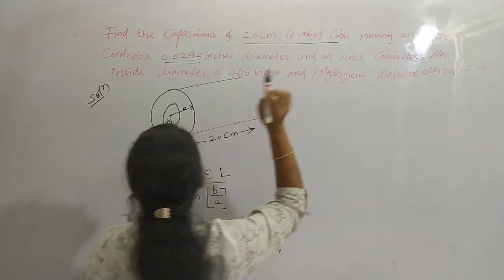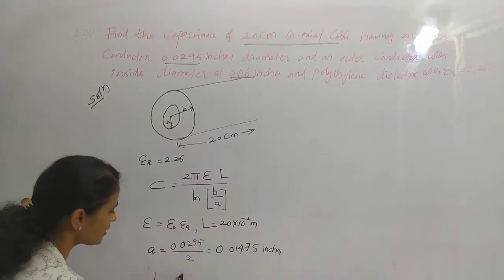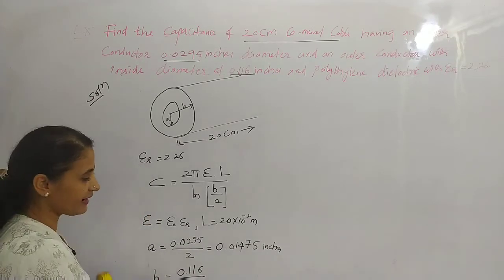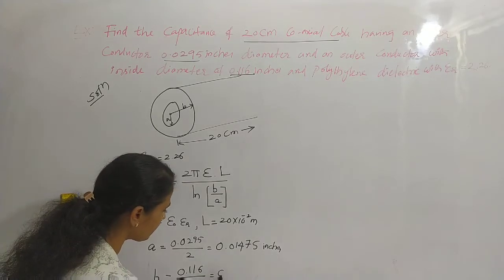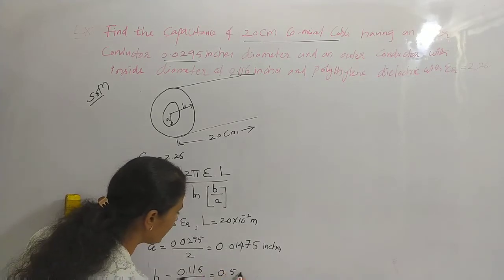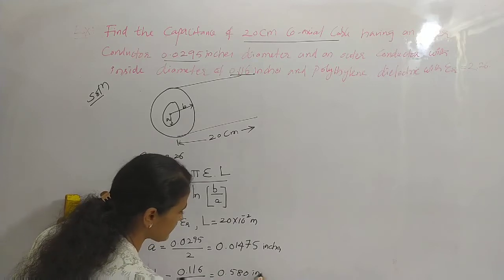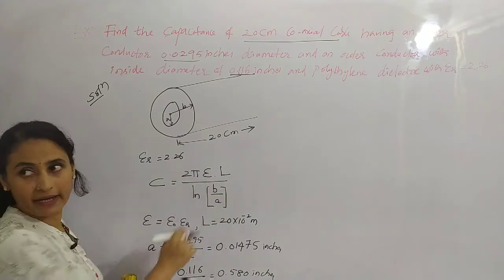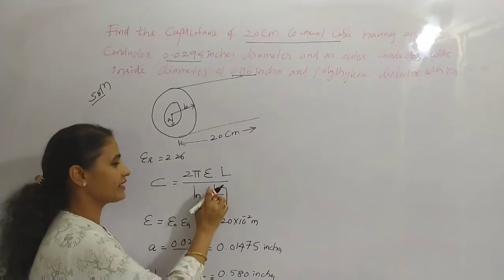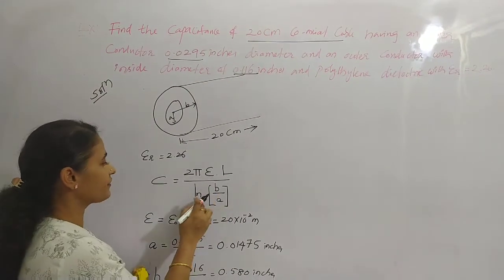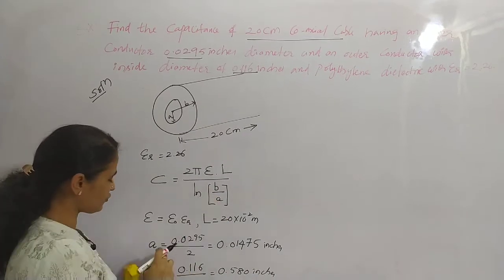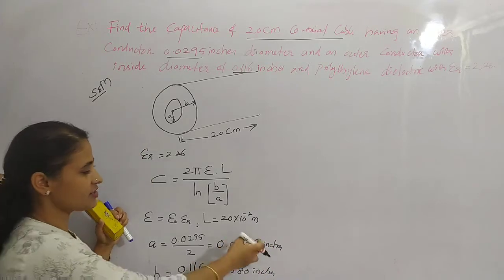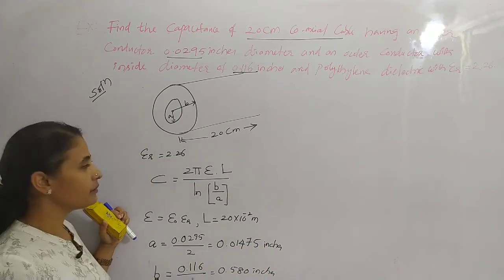The outer conductor diameter is 0.116 inches, divided by 2 gives the radius, 0.058 inches. Anyway, here we are going to find B by A, the ratio of B to A, so the unit does not matter. The inches will get cancelled, no need to convert into meters.